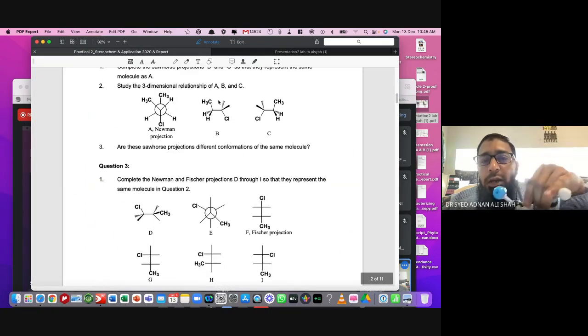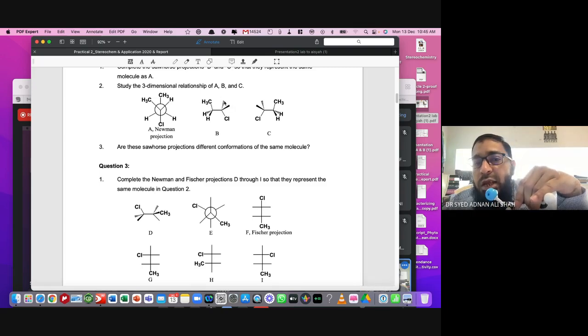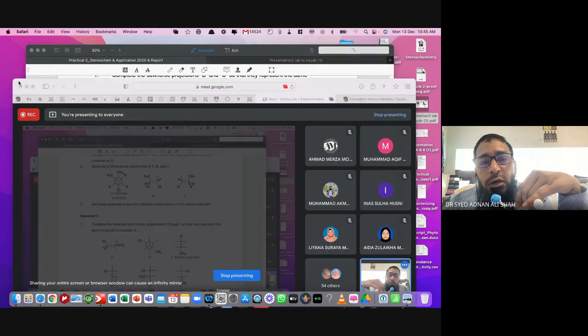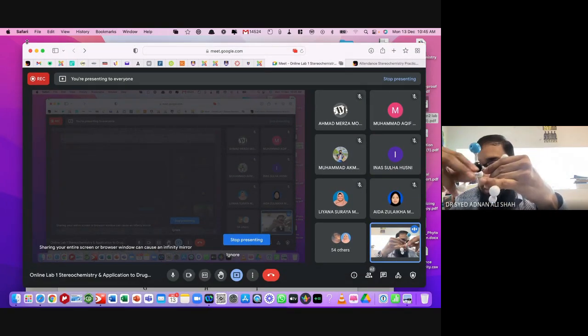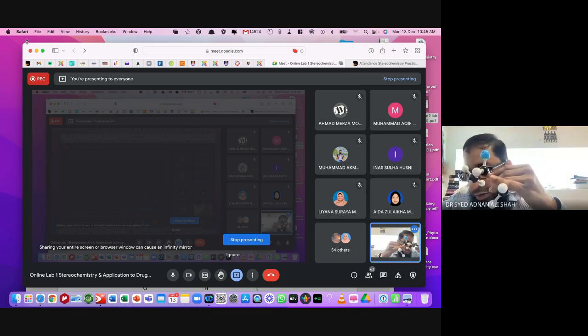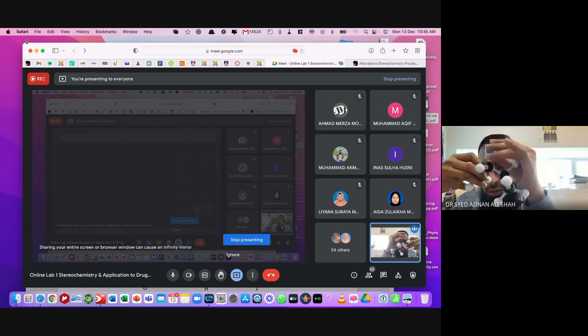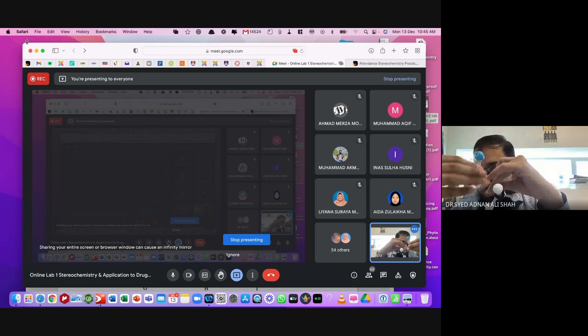You can see this is the line, and this one is the wedge, right? The line means it is at the back, and this one is at the front. If you make the model of this molecule, this one is at the back and this one comes in front, with my side. This is the side view, and at the top is the chloride. So hydrogen I move, it is at the back, in the line, right?